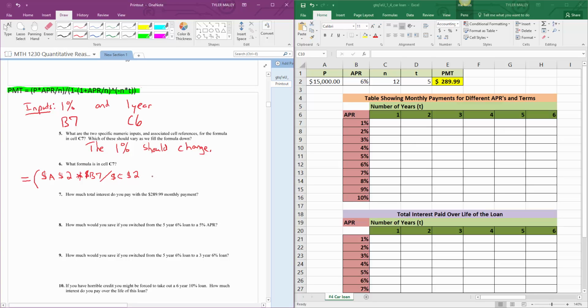So that's for N. Then we need to close a parenthesis and then divide by, parenthesis 1 minus, parenthesis 1 plus, and then I need to put in the APR. So the APR was $B7.